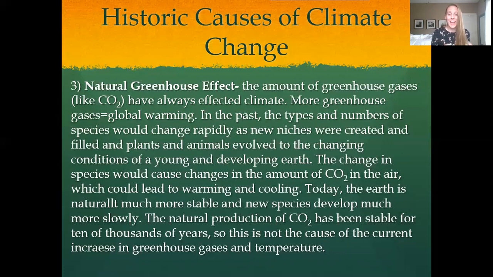So the only thing that has changed in terms of CO2 production is the Industrial Revolution. Humans burning fossil fuels and releasing carbon dioxide out into the atmosphere that way, which is not part of the natural greenhouse effect. That is a man-made greenhouse effect.